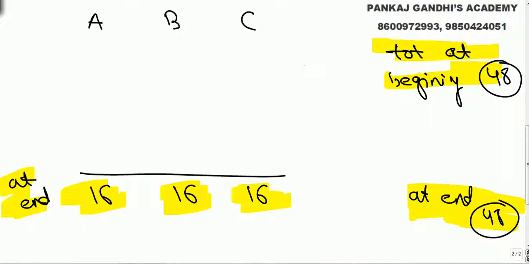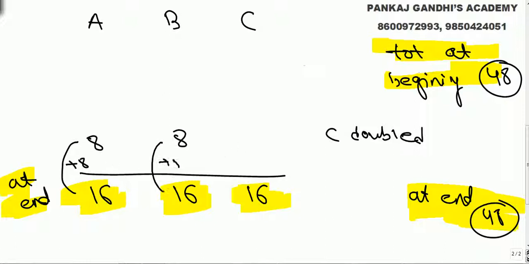This is after C doubled, at the end C doubled. So before doubling it was 8, 8. C gave 8 to A, 8 to B, he gave 16 and is left out with 16, means before doubling was 32.